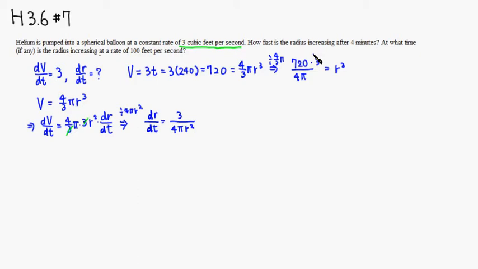Then let's simplify a little bit, dividing by 4.